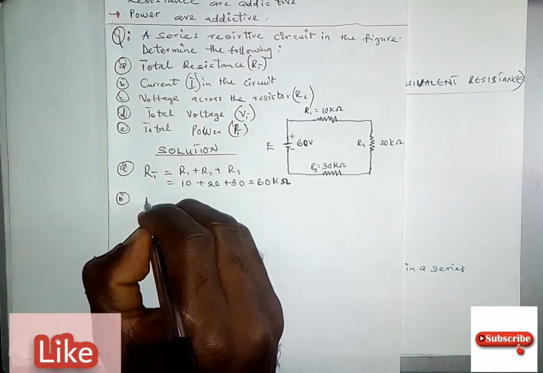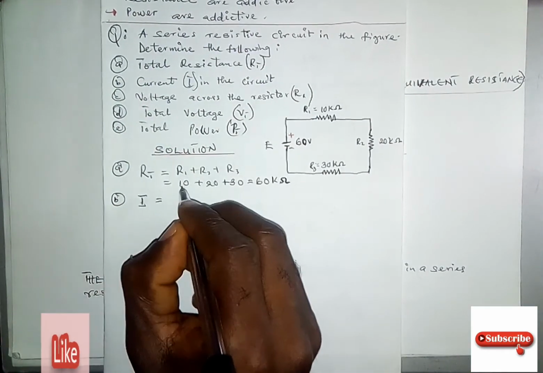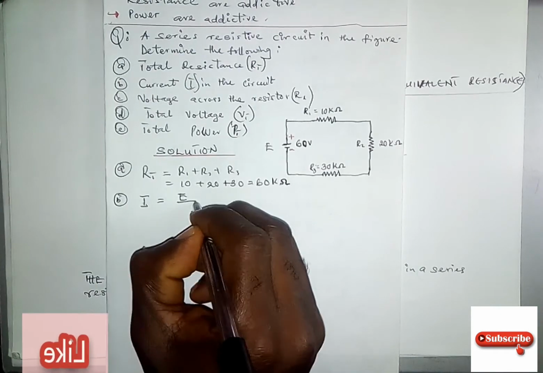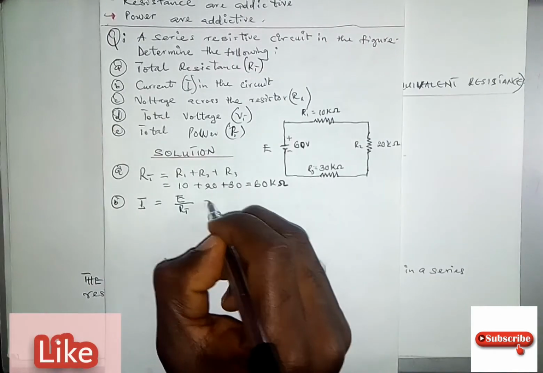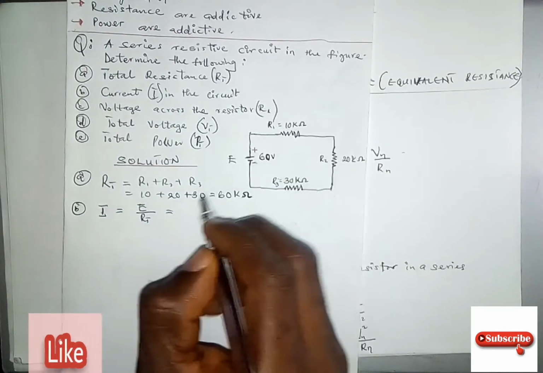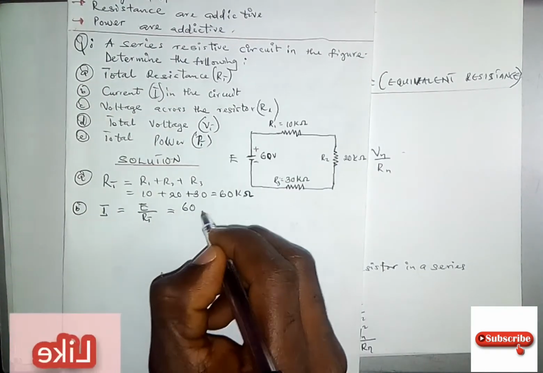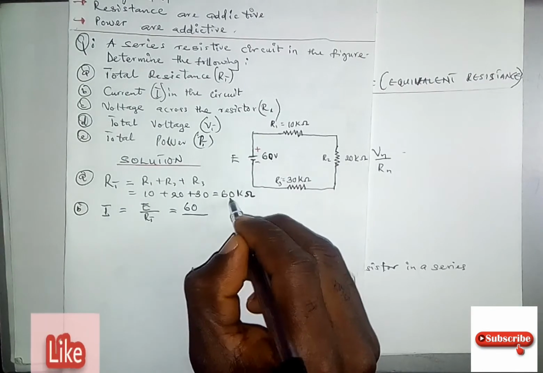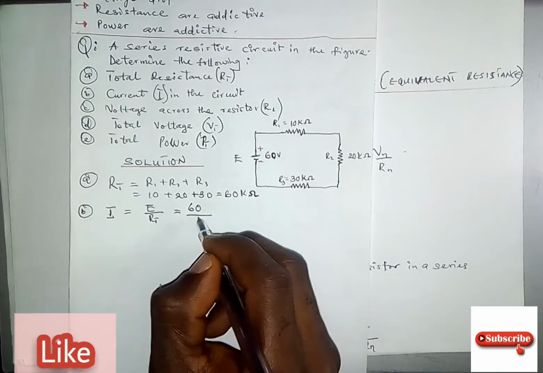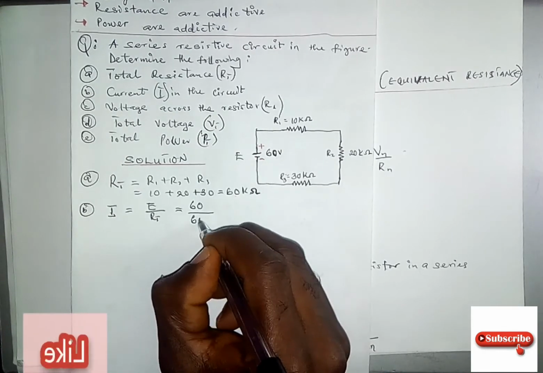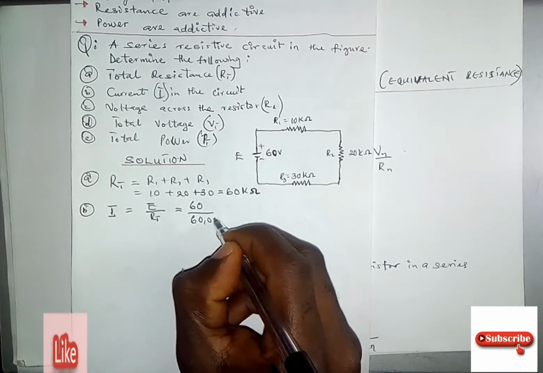The current I is equal to E over RT, and this is our RT. Our E, according to what we have in the circuit, is 60 volts, and our total resistance is 60 kilo ohm, which is equivalent to 60,000.